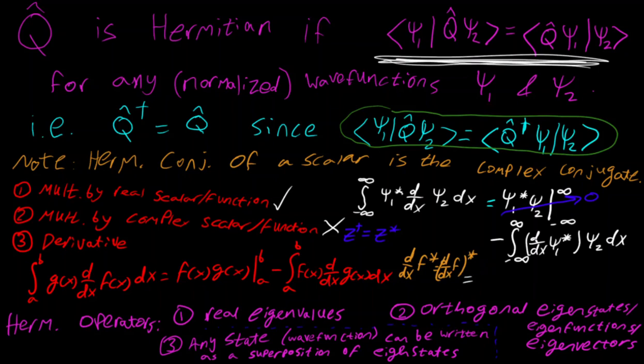This is a true property, right? Because the derivative is a real operator. This is not necessarily with the Hermitian conjugate. This is just with the complex conjugate.